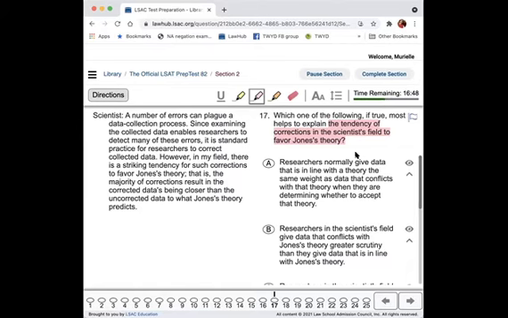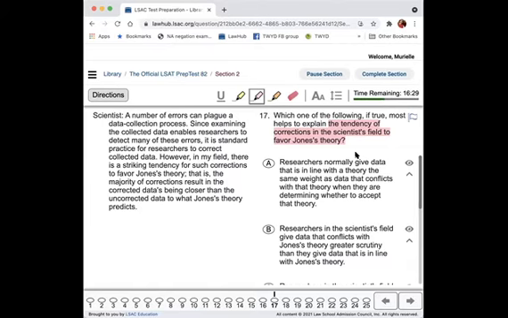So A is talking about a different stage in the process, right? This would be when the data is published, I would guess.